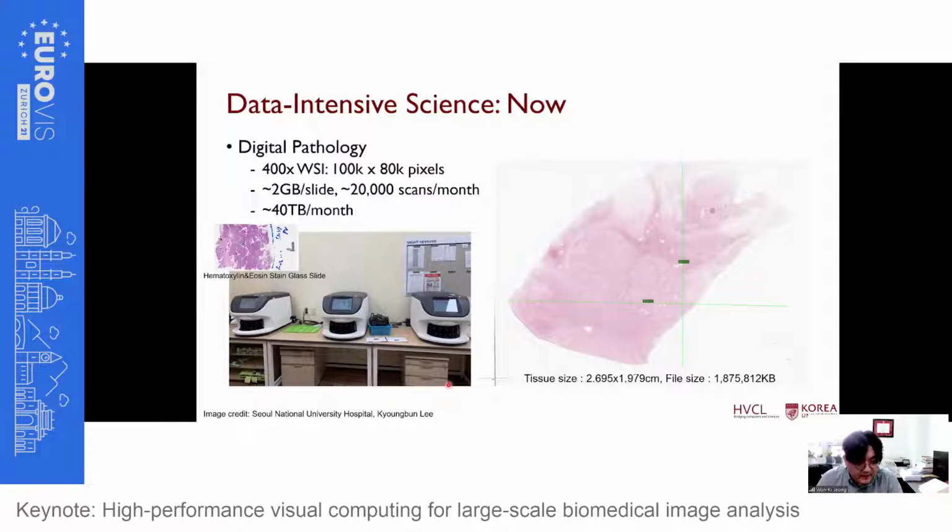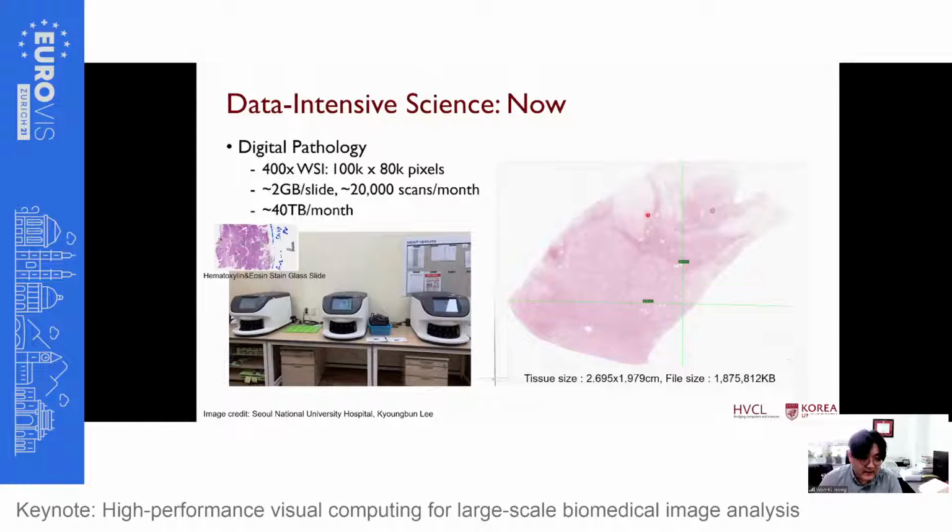Professor Kyung-Bun Lee showed me these pictures, and they have roughly 5 scanners running in parallel, and they can generate up to 20,000 scans per month, which means roughly at least 1,000 scans per day.